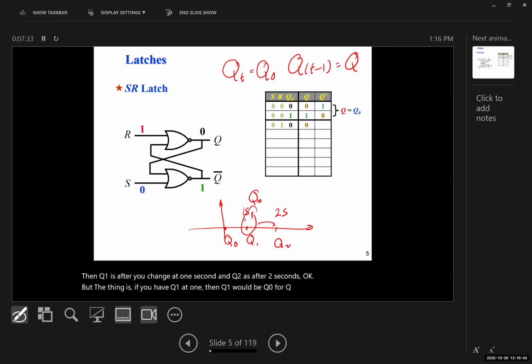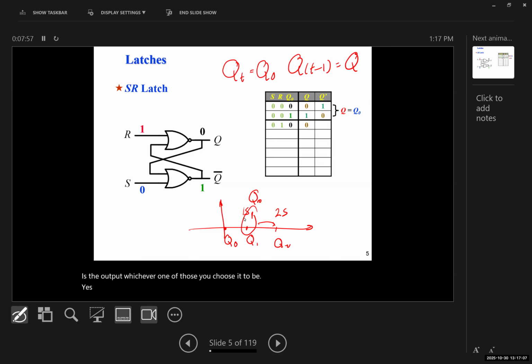You know what I mean? So Q0 is always the previous output, and Q1 is the current output. So Q0 is the output, whichever word you choose.